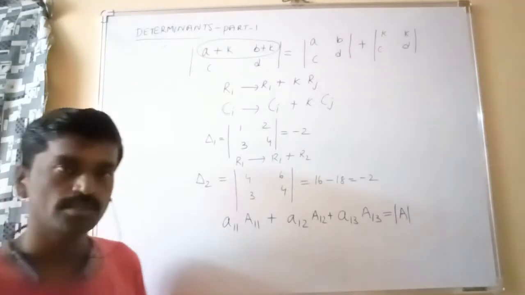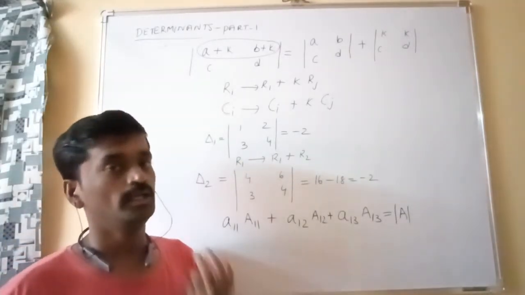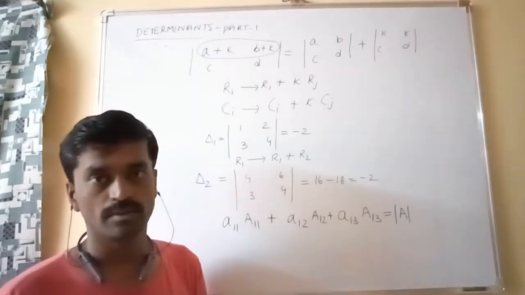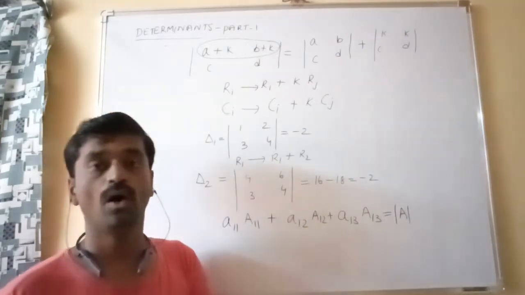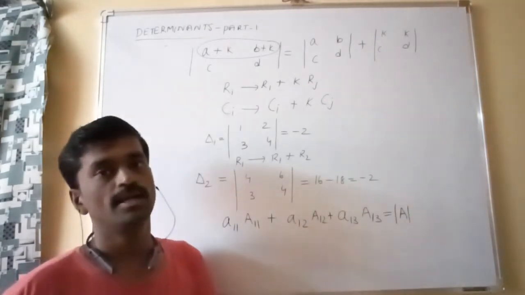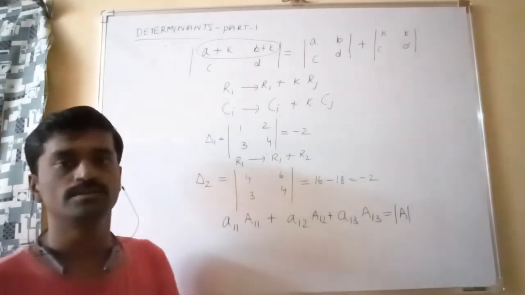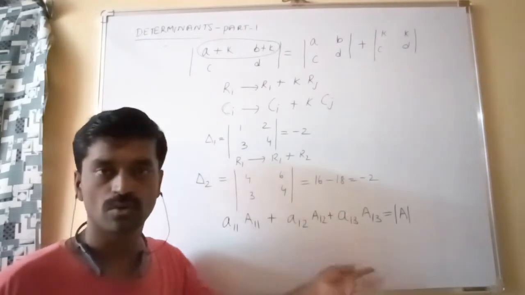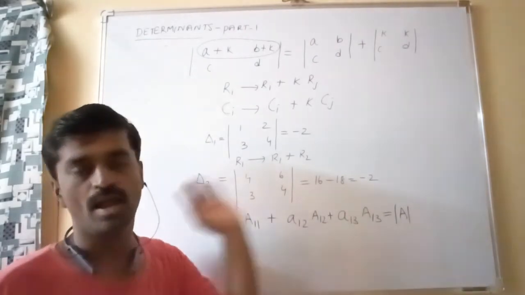But if we consider the sum of the products of the elements of any row or column with the corresponding cofactors of any other row or column, then its value becomes 0. That means I have taken first row elements and second row cofactors, and I am multiplying corresponding elements and adding.